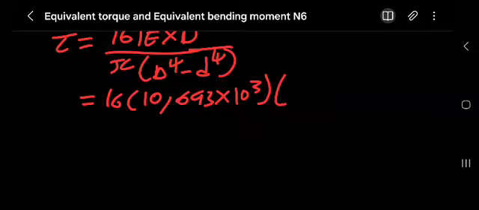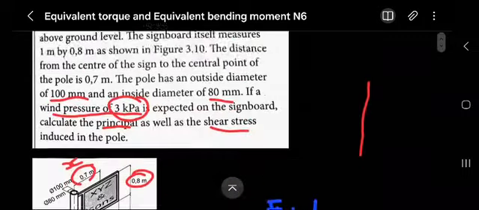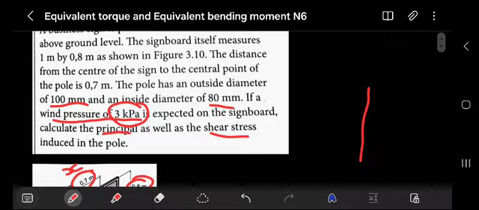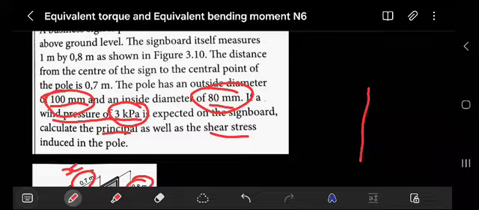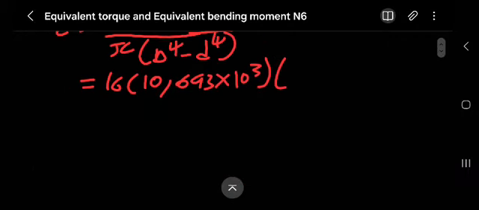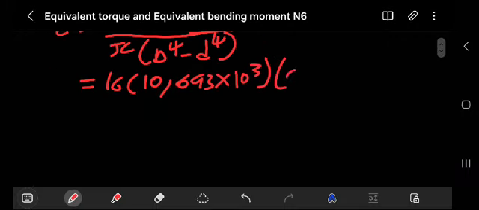Then what is the diameter? We go to a value. They said the outer diameter is 100, the inner is 80. So the outer will be 0,1.